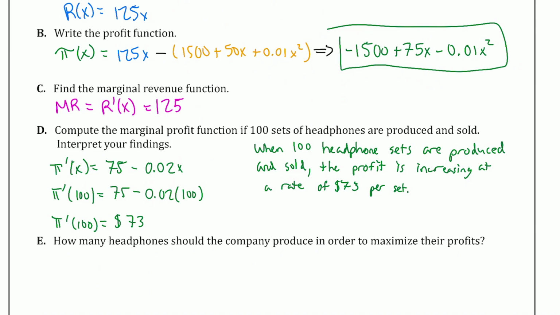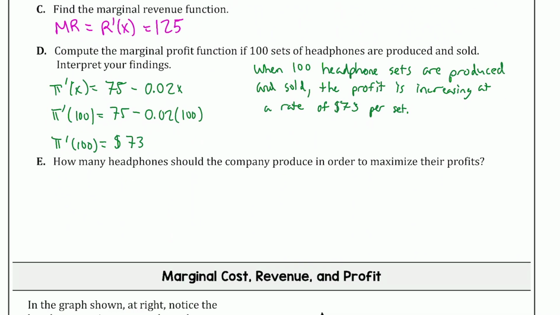And really make sure you're paying attention to that, because in future tests, you will lose points if you are not writing in context, if you're asked to interpret something, okay? And when in doubt, the best thing you can do is just write a sentence anyways. It doesn't hurt to do that, because it's going to cover your bases. It's like, I'm not sure if they're asking me to do this, but I'm going to make sure by just adding a quick one sentence explaining what my answer means.